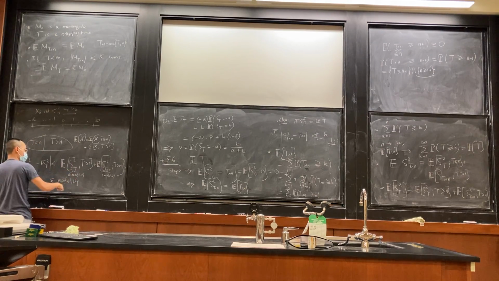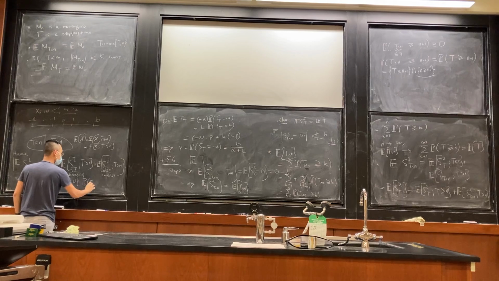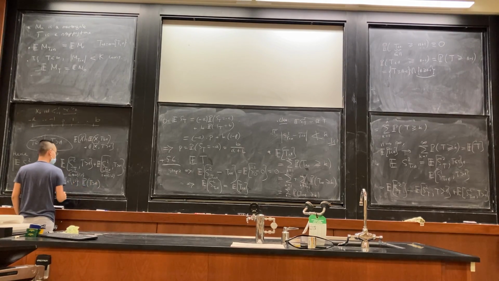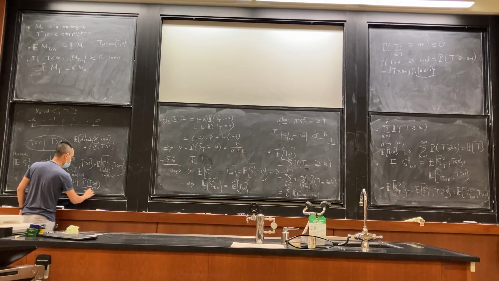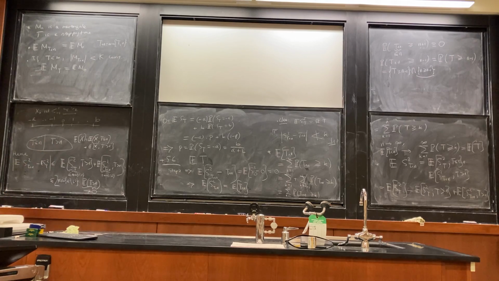To bring that term outside, and I have the probability of T greater than N. Of course, you have to do 2. Okay. And now taking n to infinity, this is going to 0, right? So this, and we know this is going to 0. And so the difference here is going to 0, and so we get what we need.